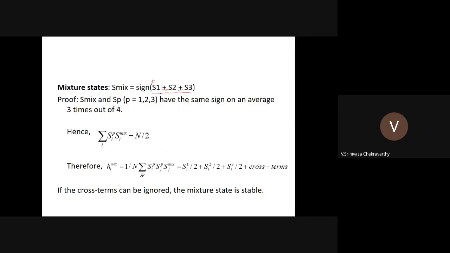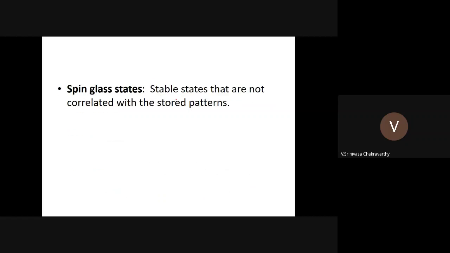Which means that for large networks, even if I store 3 patterns, in addition to the mirror states, minus S1, minus S2, minus S3, which are stable, you have this huge number of about 8 mixture patterns. All of them are also stable, which is not very good, but this is a property of the Hopfield network. In addition, when n tends to infinity, you can show that you will have a large number of stable states which are not correlated with the stored patterns at all.